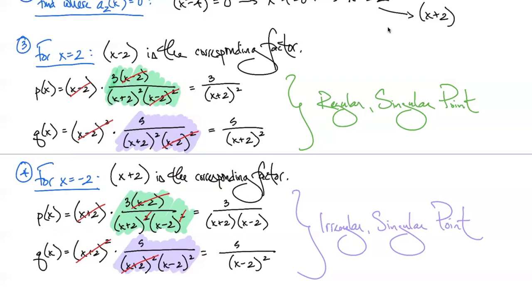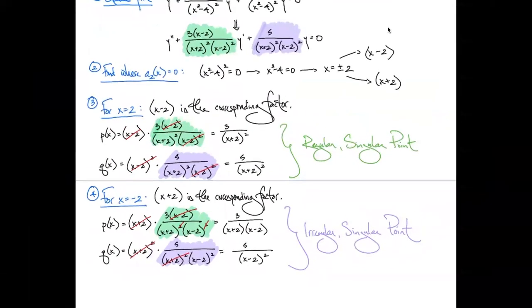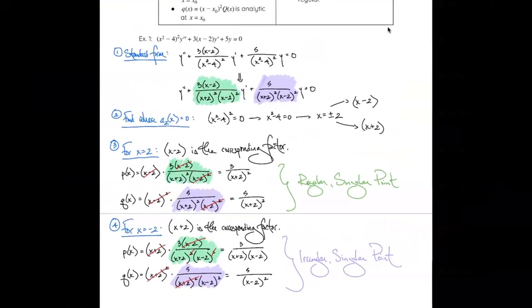But the gist of all of this is that if we go back and look at this in the bigger picture story, right? We're going to take our differential equation, we're going to turn it into our standard form. But we're also going to consider maybe like step 1 and step 2 are sort of like at the same time. We're considering what possible values might make that leading coefficient equal to 0.